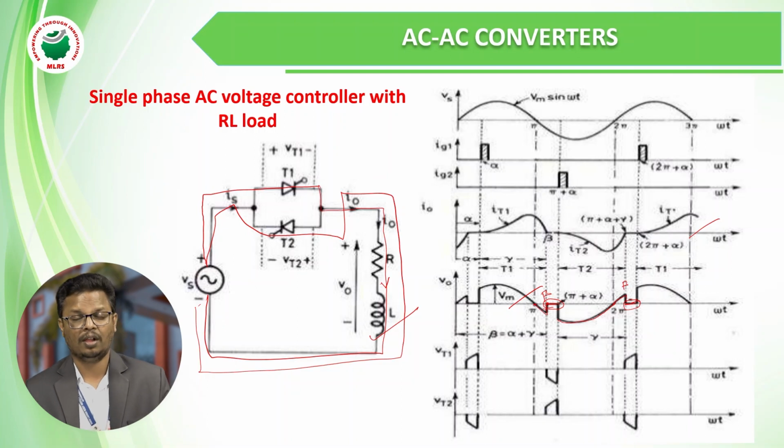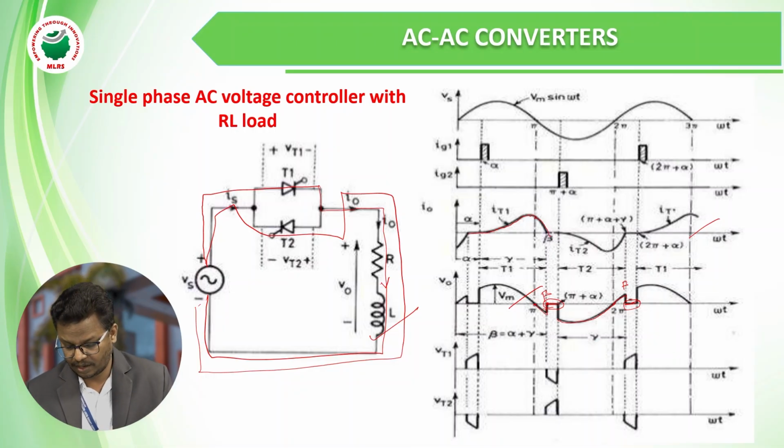Now we will see the output current. Due to the property of the inductor, it will not allow the sudden change of current, so the current slowly increases. When the output voltage becomes 0, it slowly decreases to 0.